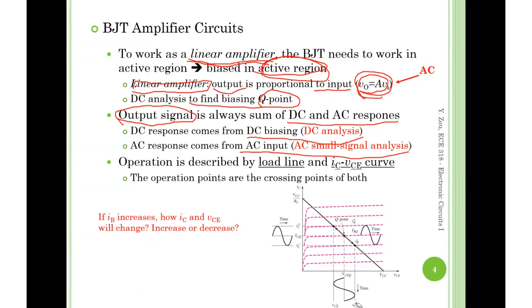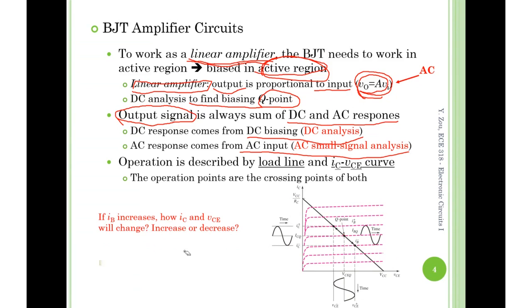IC and VCE are the output current and voltage. They're AC. IB swing introduces AC output. IC and VCE are swinging too. Perfect sense.